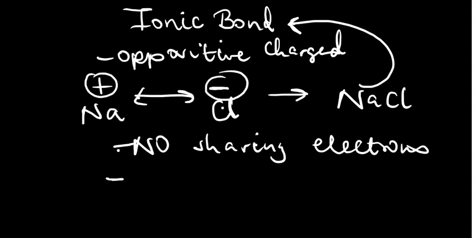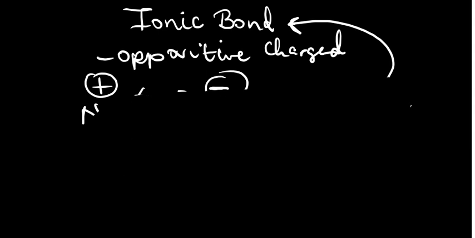Now we need to look at some key things that can qualify a molecule to be ionic. When an atom gains or loses electrons, we look at sodium for instance. Let's take, for instance, that it has 8 electrons.